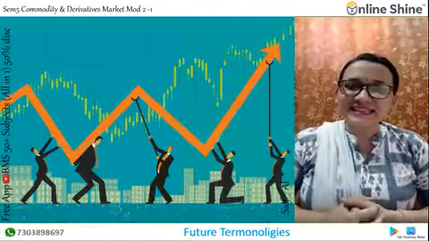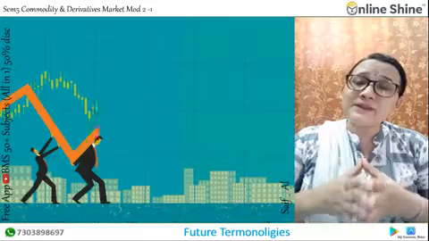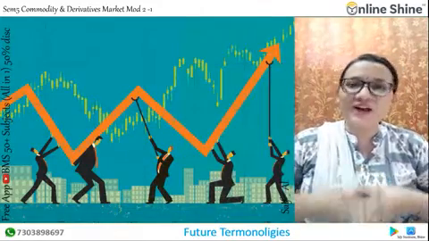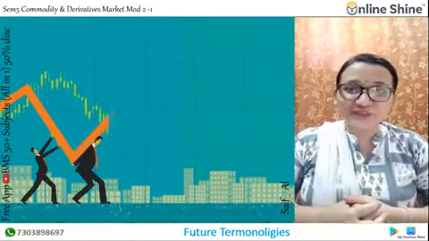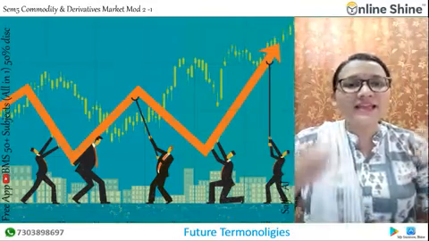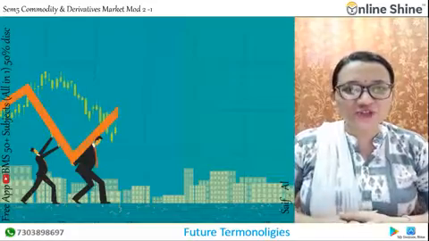Now the second is the future price. The price of a given asset at a future date is called the future price. Maybe the gold price in the future, in the month of September, is 52,000. So this is the predicted price.